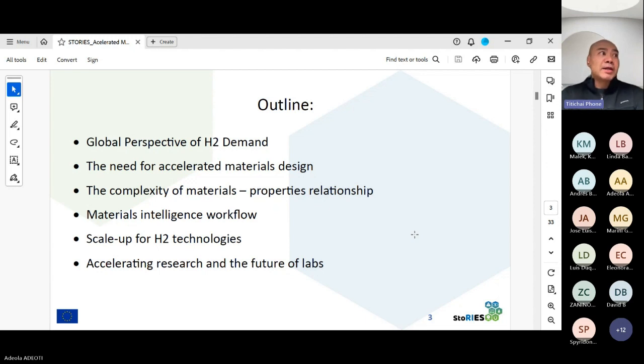And then I'll talk a little bit about materials intelligence flow. These allow us to understand the flow of material from the upstream material development to the downstream device and deployment. Some of the challenges around scaling up of the technologies and accelerating research and the future of labs before I finish. So the next slide will show that, and next I'll dive into the global perspective of demand.